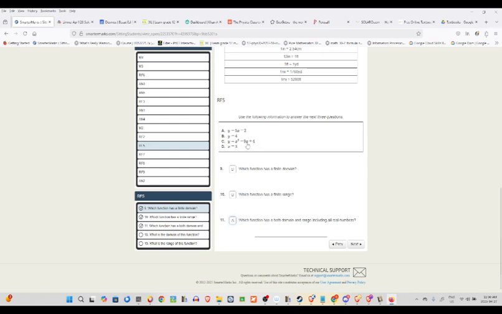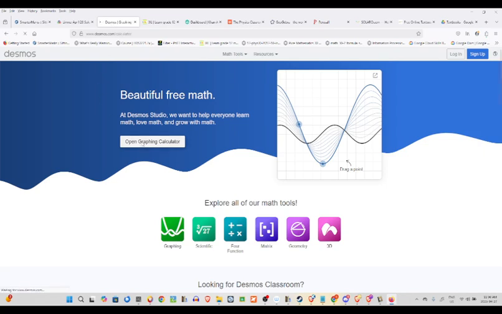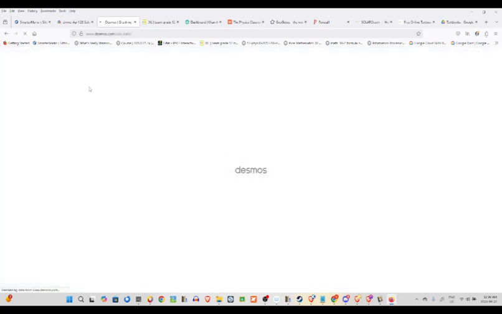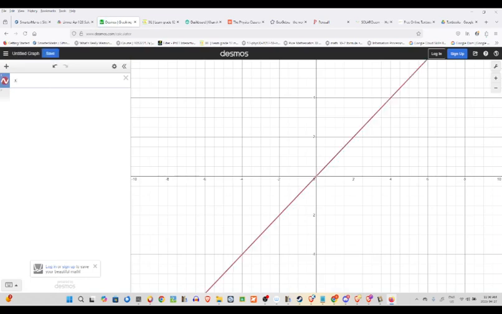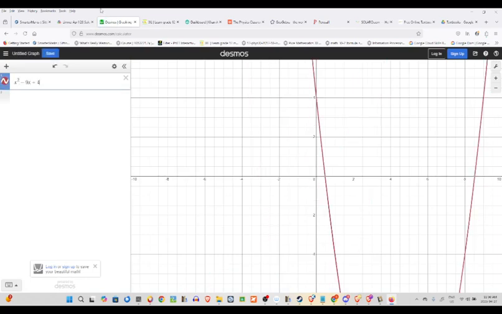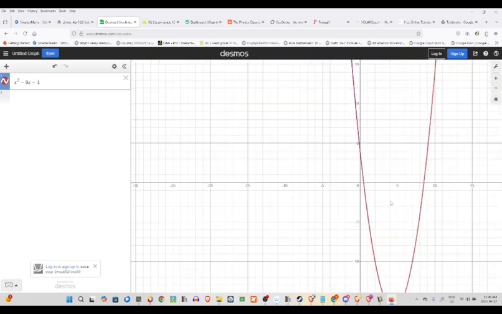So the range here is limited. That doesn't mean it's a finite range. It still goes up to infinity. It is y greater than or equal to a certain point. So if we graph it, x squared minus 9x plus 4, so here's our graph.